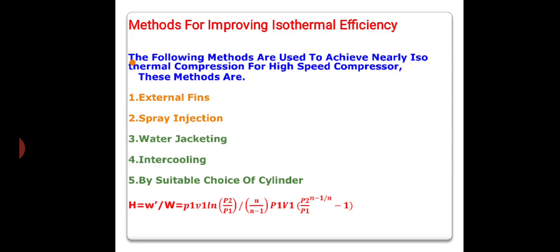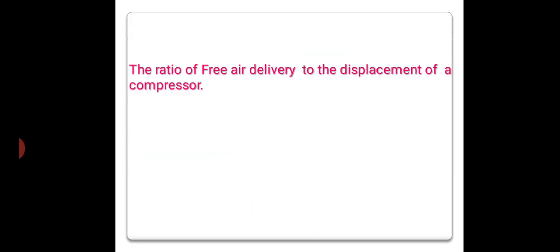So here we are finding that the efficiency is equal to W dash upon W. We are finding that W dash is equal to P1 V1 ln of P2 upon P1 upon N minus 1, P1 V1 (P2 upon P1) raised to N minus 1 upon N, minus 1. So this is the improvement factor you got by applying the above said methods.